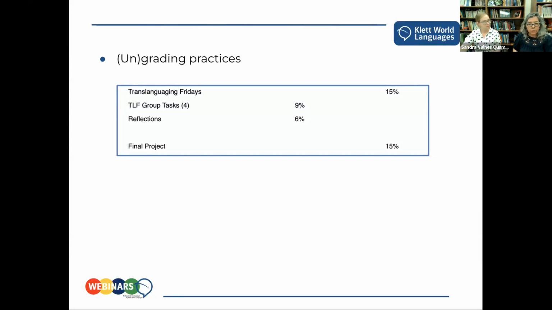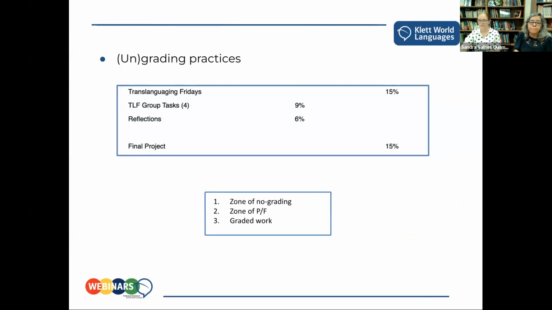I think we want to structure this practice a little more next time we do it. And we will create yet another space of ungrading practices, which we're planning to call the zone of no grading, where students will have a space to be creative, a space to make mistakes, and a space where we will give them feedback, but they will not be affected by a negative result.